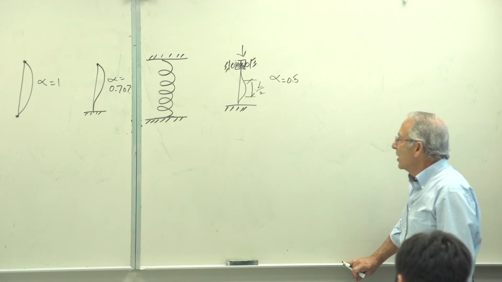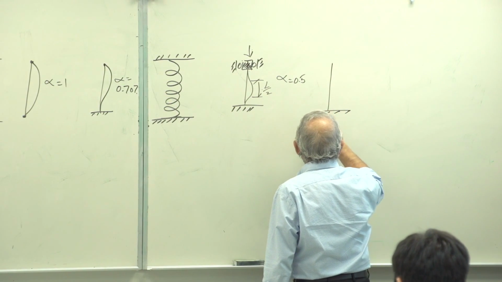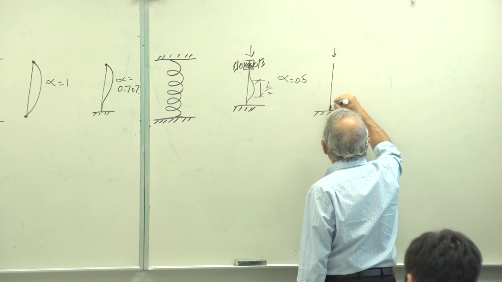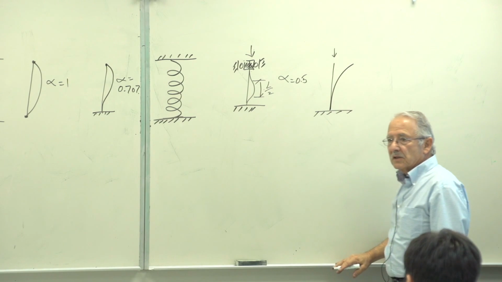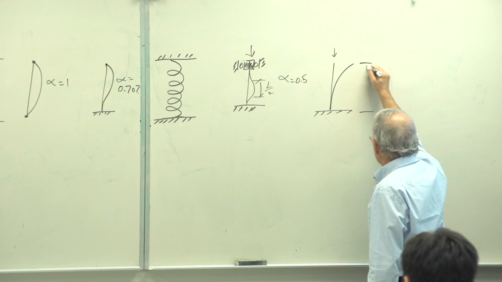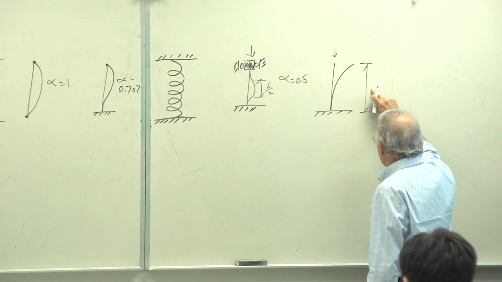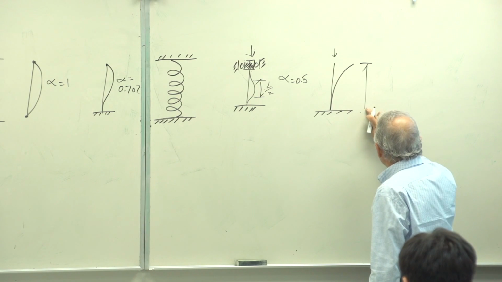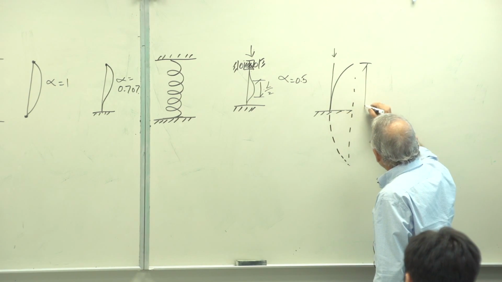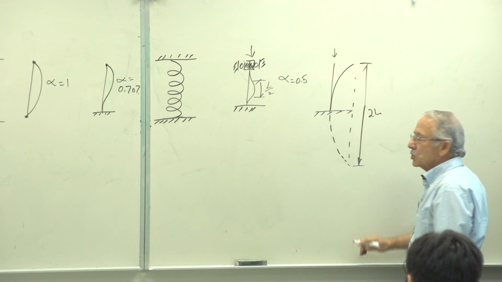And there's one, both in columns and springs. You can have one end fixed, the other one free. There's the applied load, and that's the deflected shape. And this length, when finished to mimic a pin-pinned column, it's 2L.